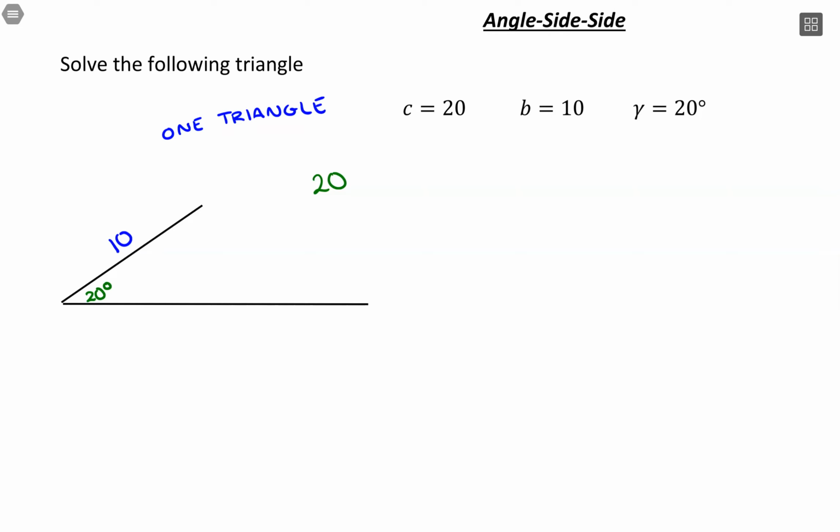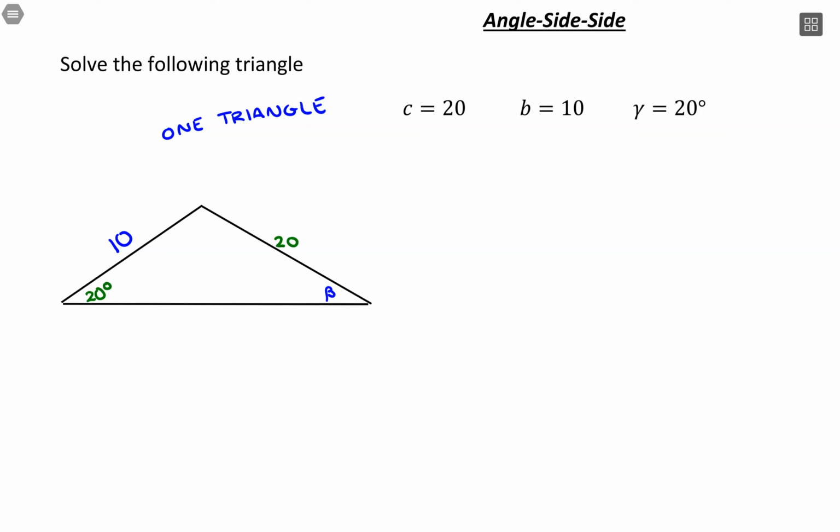If you dropped a string here that's a length of 20, it's going to go beyond over there, but over here, you'll get an intersection. So I'm going to draw that side length there, and that's our side length of 20. So there's my angle side side. We're just going to have one triangle here to work with because of that side length of 20 being so long.